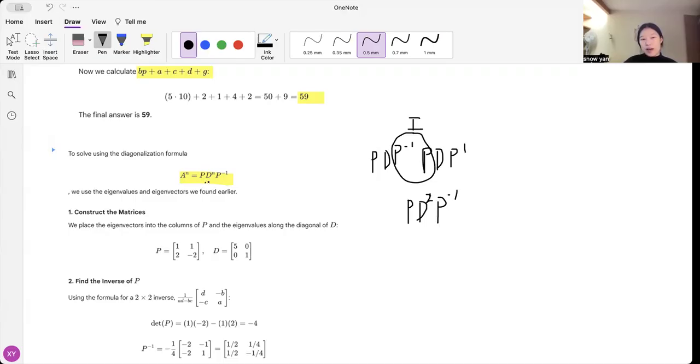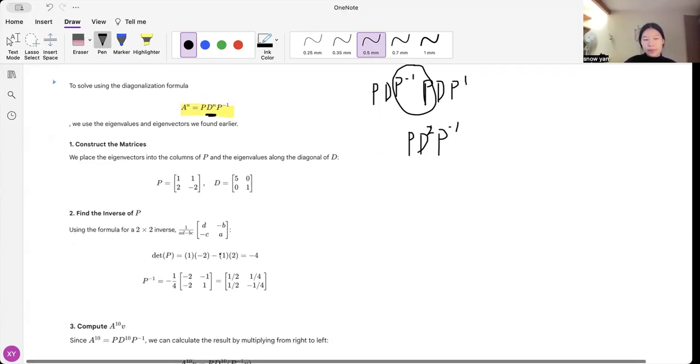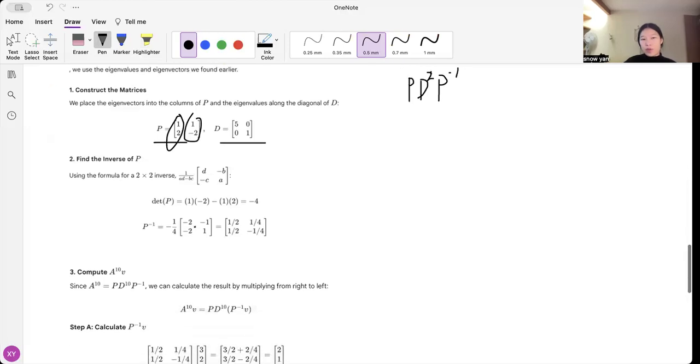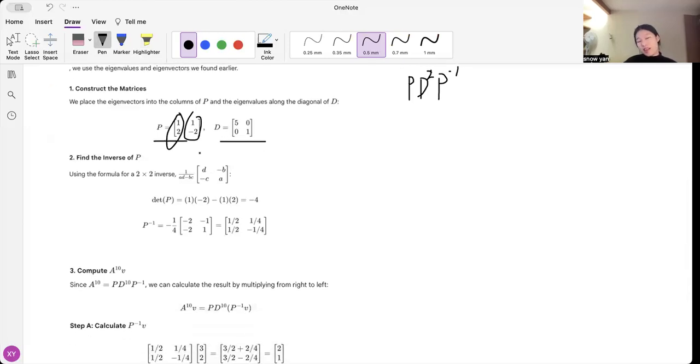So that's kind of how it works. If we have n power, it would just only be this diagonal matrix, which is very easy to work with. So once we put in the eigenvalues and eigenvectors, we get P, and this is our diagonal matrix, pretty straightforward. Our eigenvectors are this and this. So what we do next is we have to find the inverse.